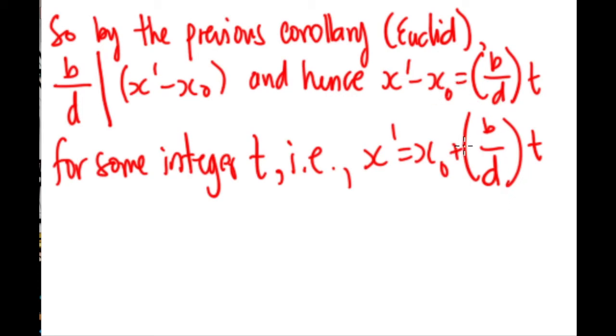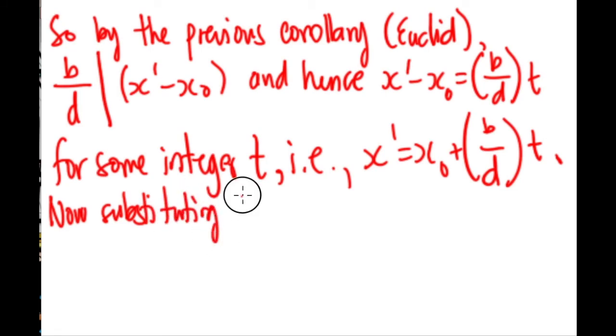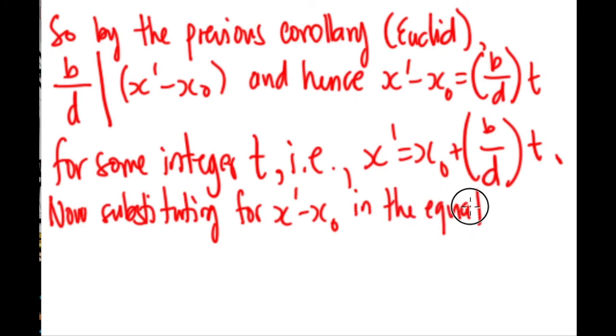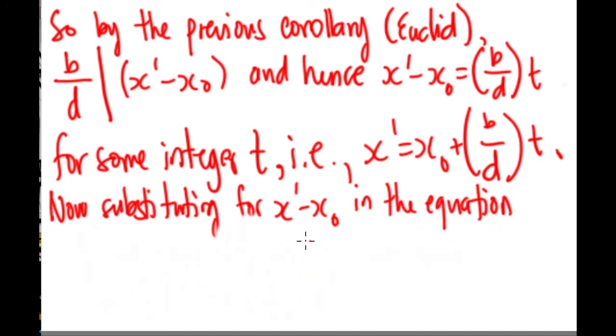Substituting for x prime minus x sub 0 in the original equation, the very much original, without dividing it by d.